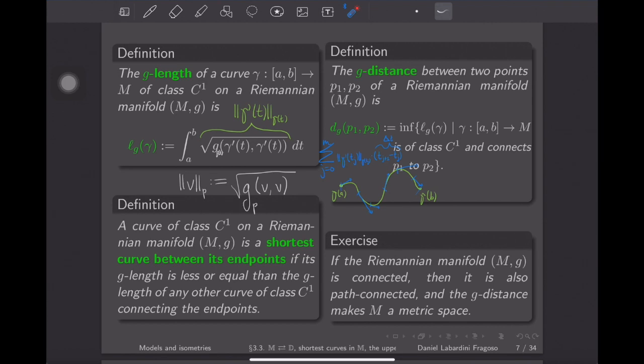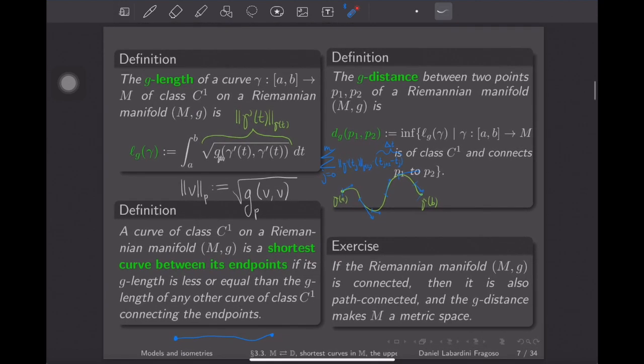And then, as I already mentioned, a shortest curve between 2 points is a curve that connects the 2 points, but also has minimal g length compared with any other curve joining them. Okay, so that's a shortest curve.